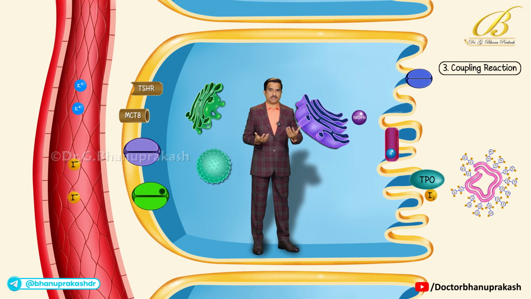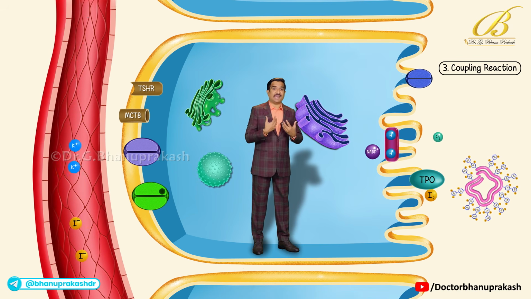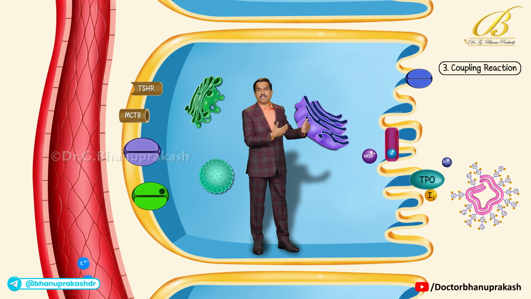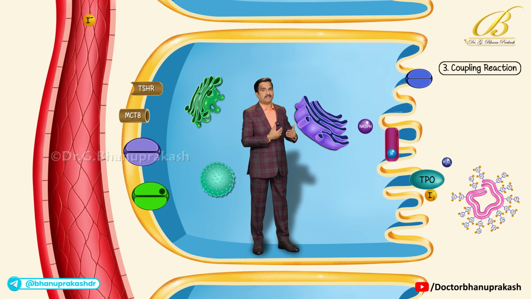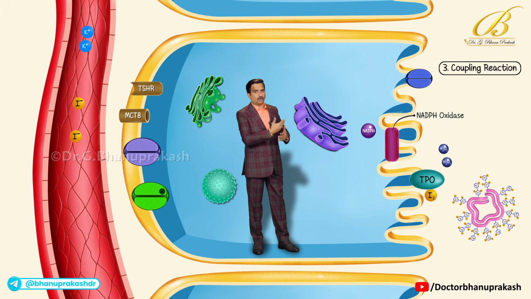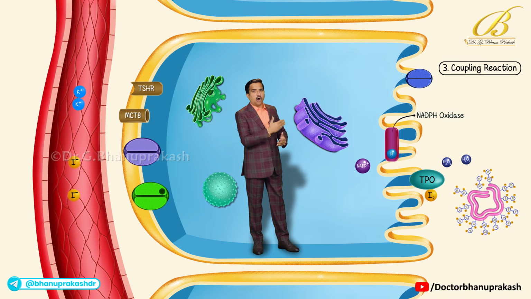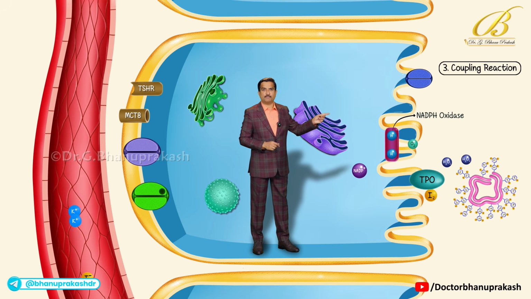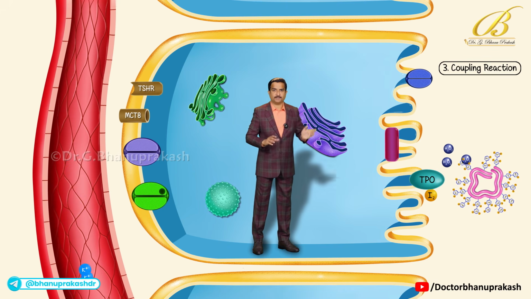We all know about the cycle which uses NADPH. It is generated by the enzyme NADPH oxidase, which catalyzes this reaction to produce hydrogen peroxide. All of this takes place inside the follicular lumen, that is, the colloid.